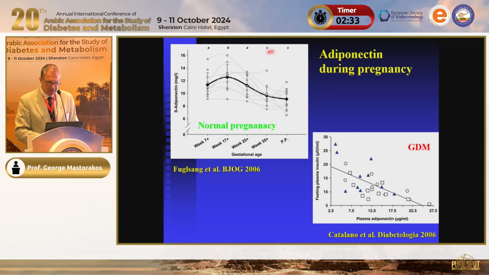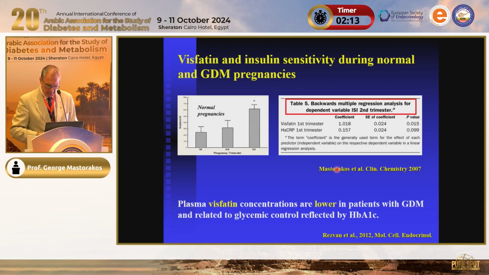Adiponectin doesn't change much in normal pregnancies, and we didn't find a change. However, Pat Catalano has shown in the past that adiponectin, which is also a positive adipocytokine for insulin sensitivity, decreases during pregnancies with GDM.